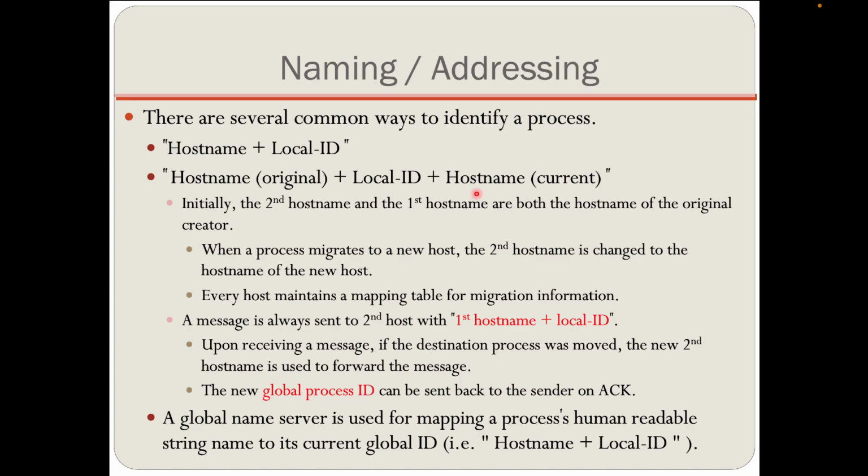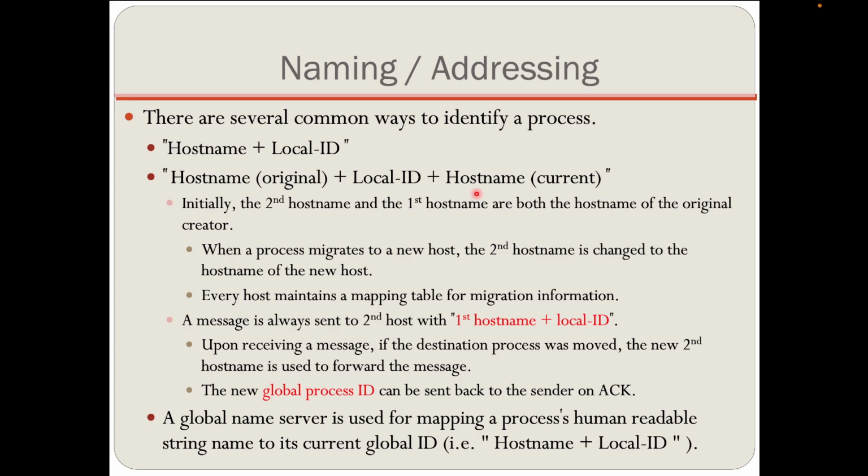You don't need to tell everyone. Every host maintains a table to record if a process is moving from this host to another host. Then you make a record about this migration.